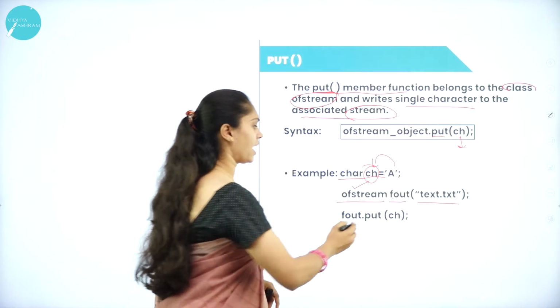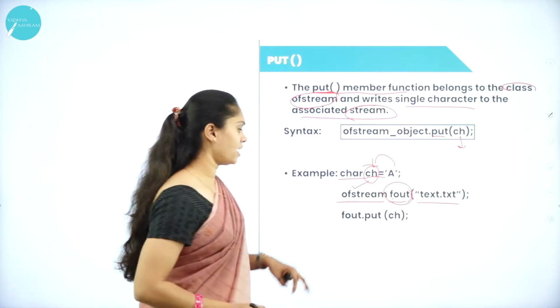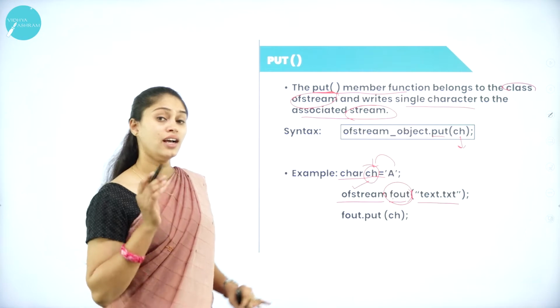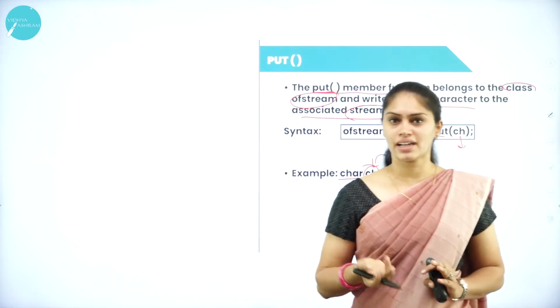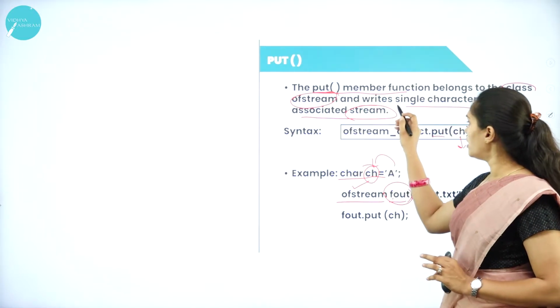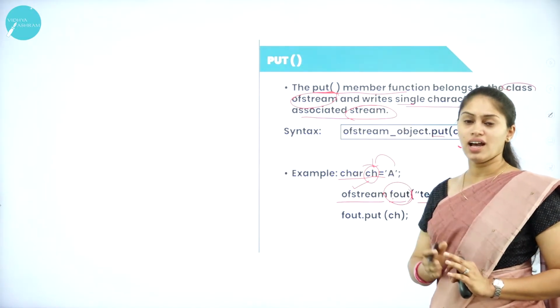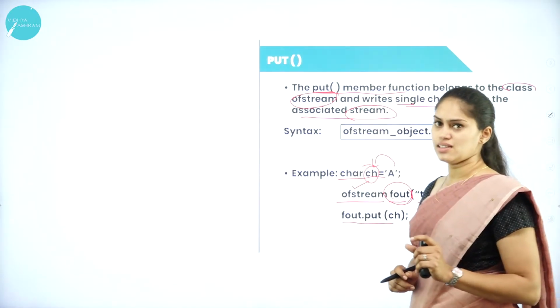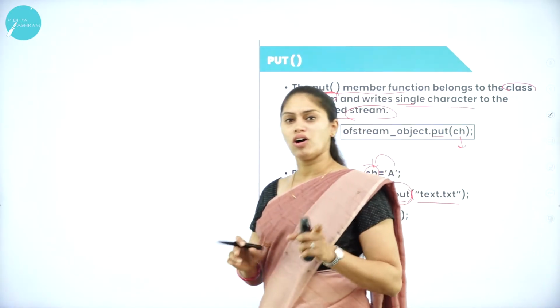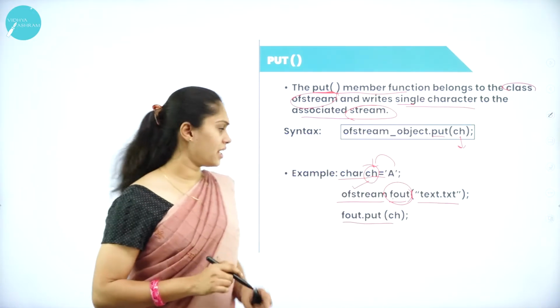With the help of this ofstream object, I am calling the member function put. Within that, I specify a character, which is used to write a single character on the ofstream. If you use the statement fout.put(ch), then what is there in ch?